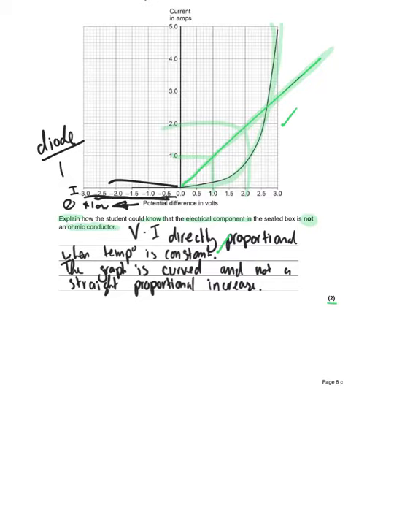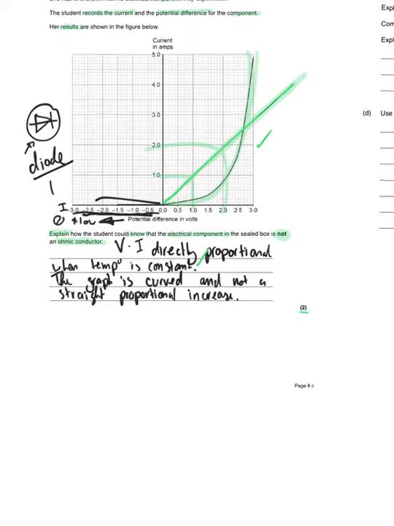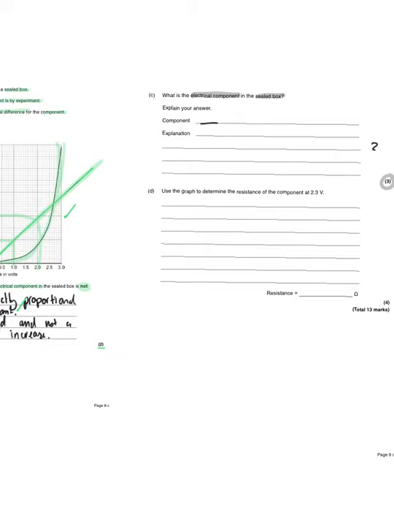Remember that a diode only works one way, and that's kind of represented in its symbol with this almost like arrow shape on the play button type shape. So that'll get me 1 mark. So I need to explain that in my answer here. So I'm going to put diode, and I'm going to put no current at negative potential differences, negative PD.